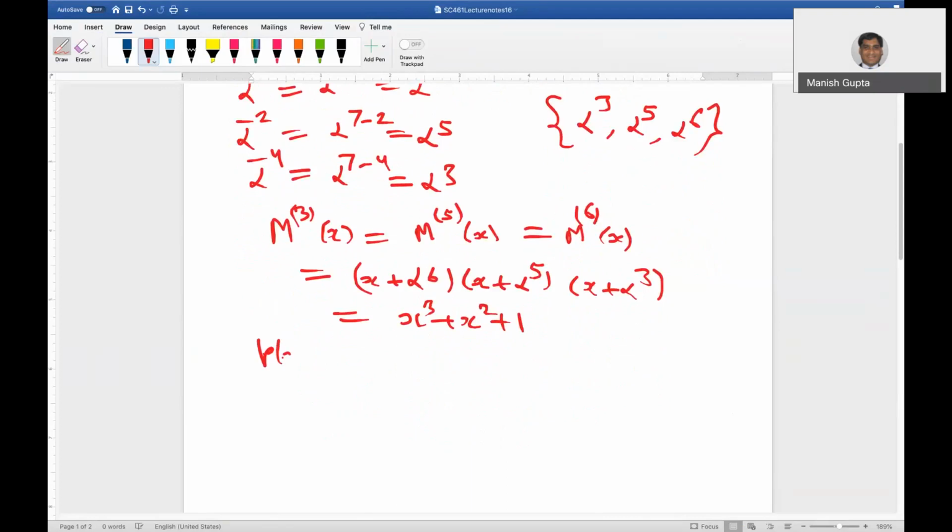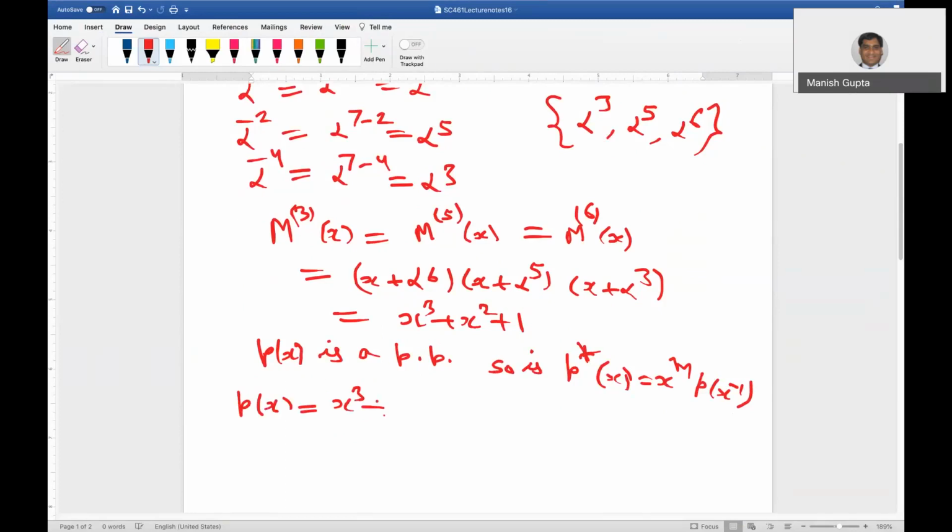If p of x is a primitive polynomial, so is p star of x, which is x raised to m times p of x inverse. So now in our case, if we take p of x to be x cube plus x plus 1, what is p star of x?